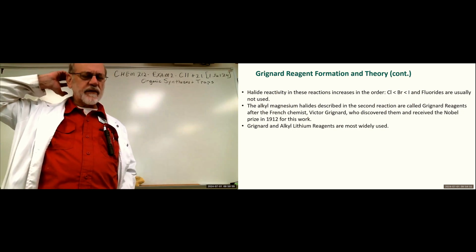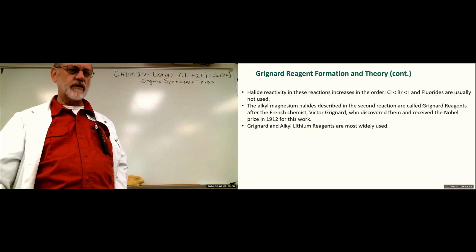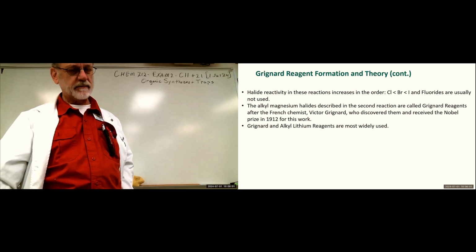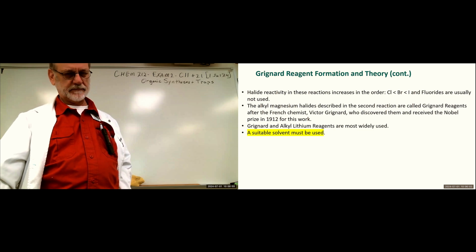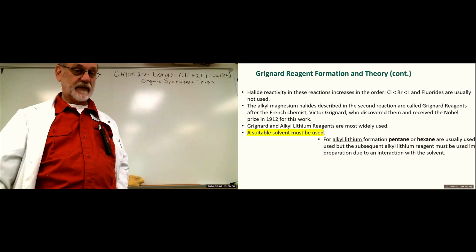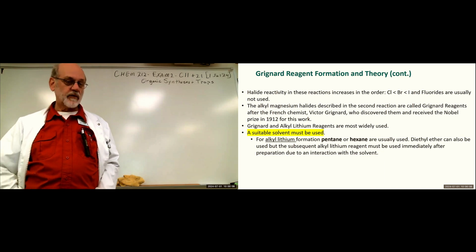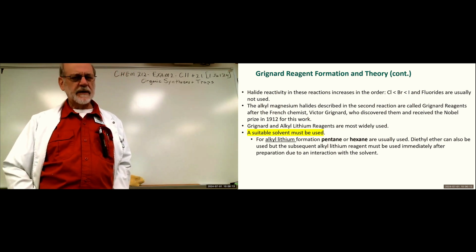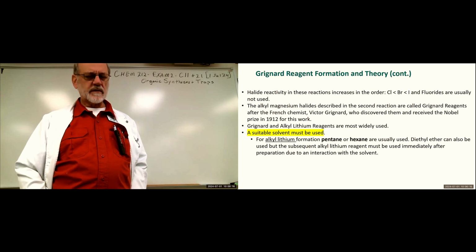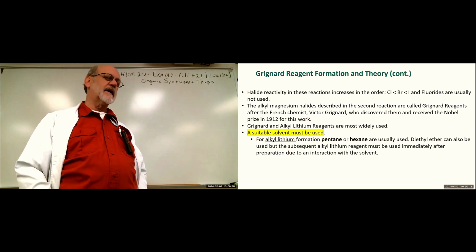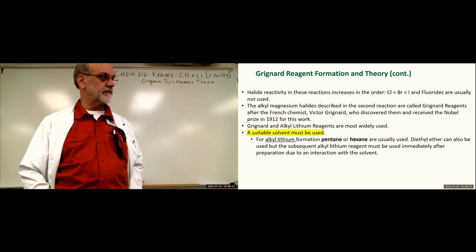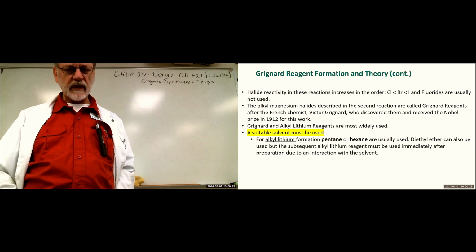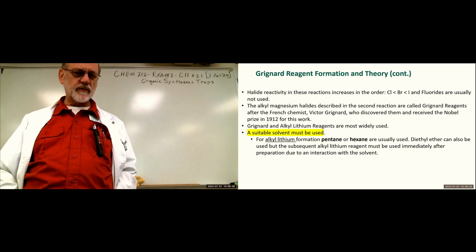The Grignard and the alkyl lithium reagents are the go-to reagents for this type of reaction. But you have to use the right solvent. That's critically important. For the alkyl lithium compounds, pentane or hexane are often used. You don't want to use a protic solvent; you want an aprotic solvent. Diethyl ether can also be used, but it's probably more hazardous.